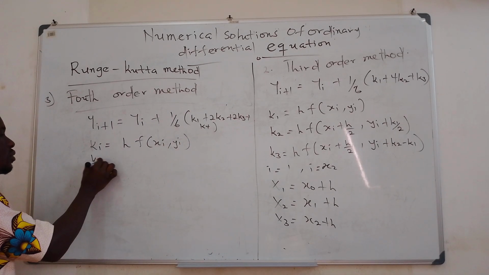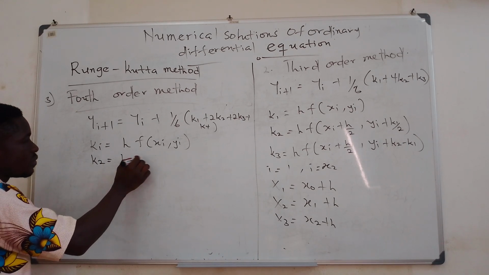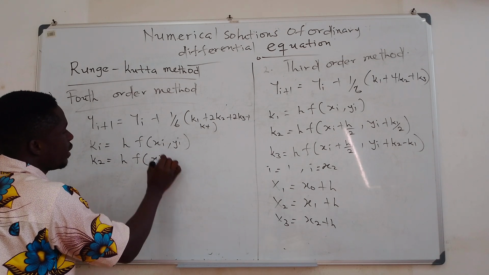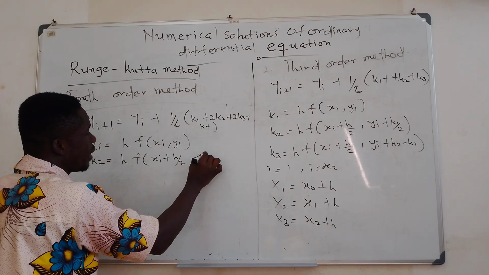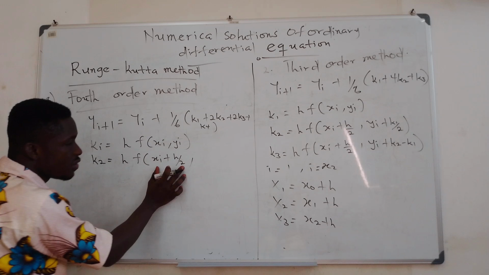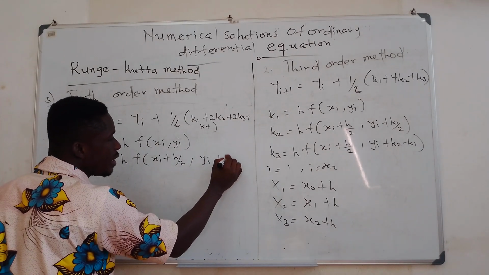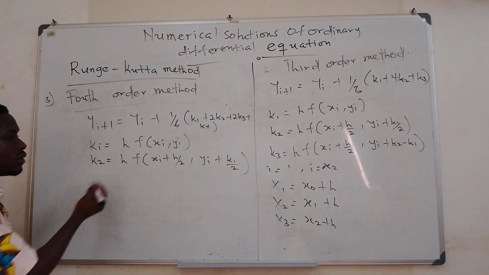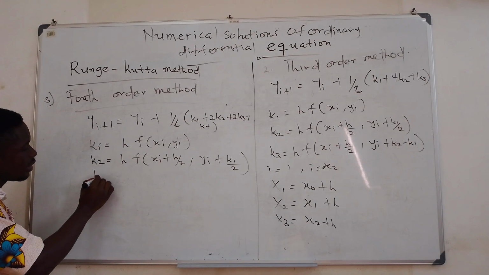For k2, h is multiplying it all the time: k2 is h of f of xi plus h on 2, yi plus k1 on 2. Here is the function of x, here is the function of y. Very good. Now, how do we go by the third one, k3?